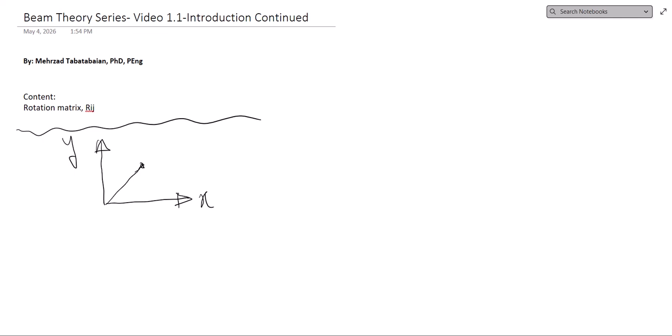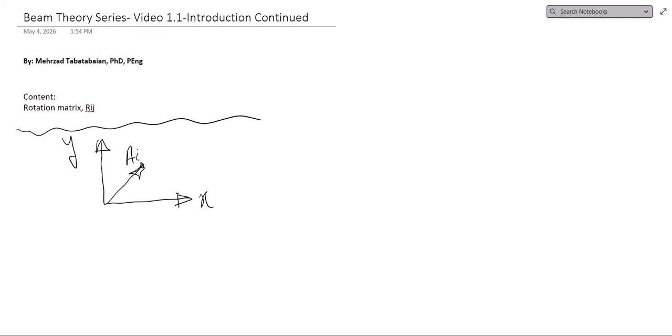So let's start. Let's say if you have a coordinate system in general, say xy, and then you have a point here, or let's say an arrow A, call it Ai.